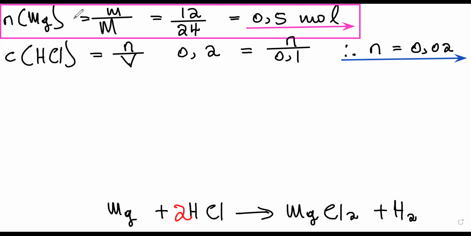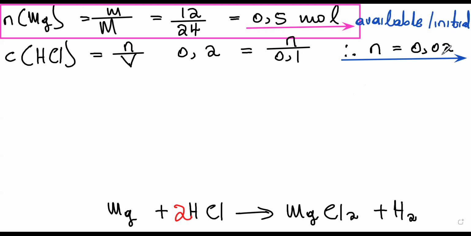What is the meaning of these moles that we got? For magnesium, these are the number of moles that are available at the start of the reaction. It's what we have initially. Sometimes they call them the initial number of moles. Still the same thing, all right?